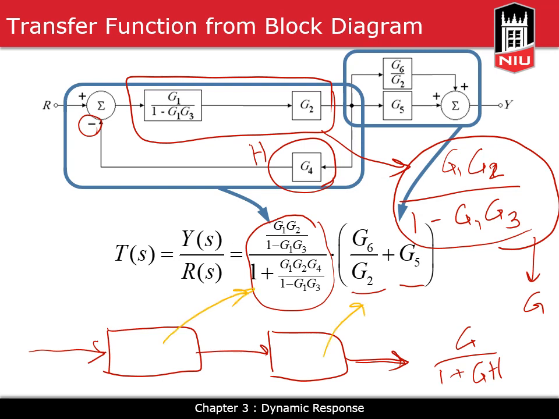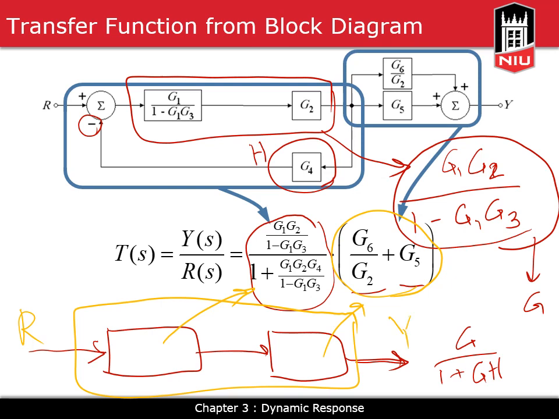Transfer function of the second one is here. They are in series, so we just multiply the transfer functions to get the transfer function of the combination. That means we have the transfer function from input R to output y, the final answer.